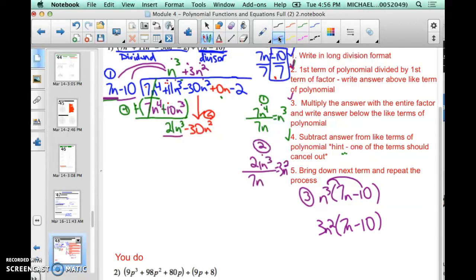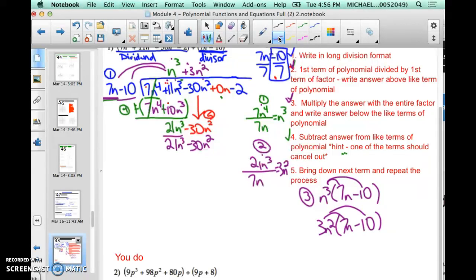I'm just showing some side math or my thought process. 3n squared times 7n is 21n cubed. Notice they're the same, so they're going to cancel out. And then 3n squared times a negative 10 is a negative 30n squared. After I did that math, done with step 3. And I wrote it below and I lined them up identically like I should have.